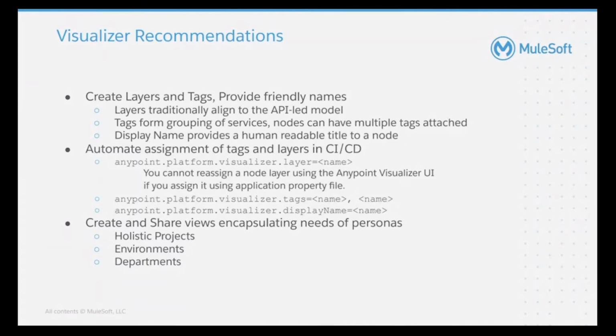You can automate your CI/CD pipelines by putting in these parameters. You can create and share views encapsulating the needs of personas, covering holistic projects, environments, and departments, because when you go to a large customer, they may be implementing it in multiple departments. Those are some of the recommendations for Visualizer.